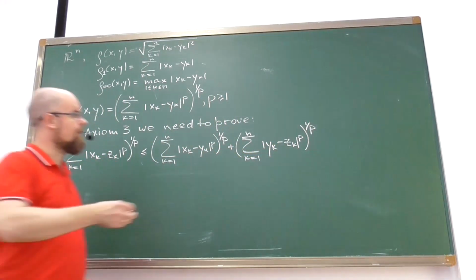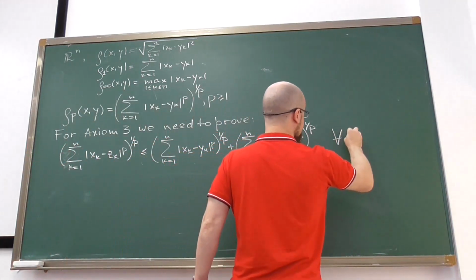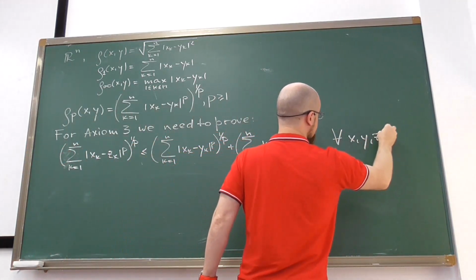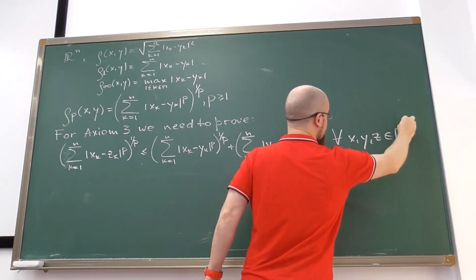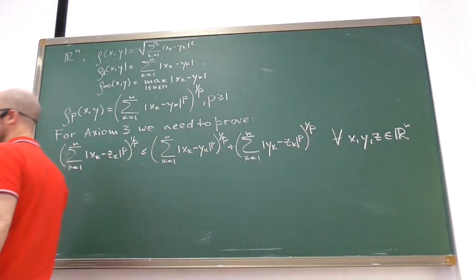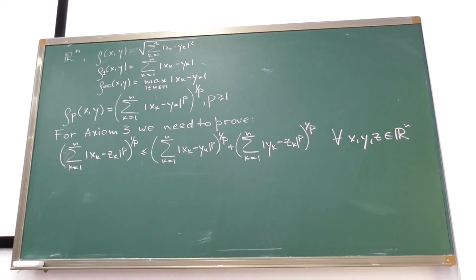We need to prove it for any 3 points from our metric space. Well, not metric space yet, we haven't proved that it is a metric from our set. The idea is pretty much the same as in the case when p equals 2. So to simplify this, we'll make a substitution to end up with the Minkowski inequality.